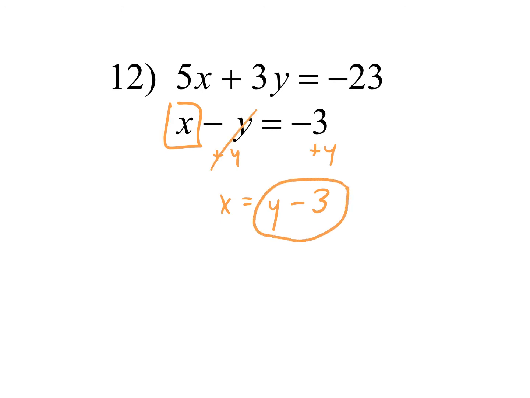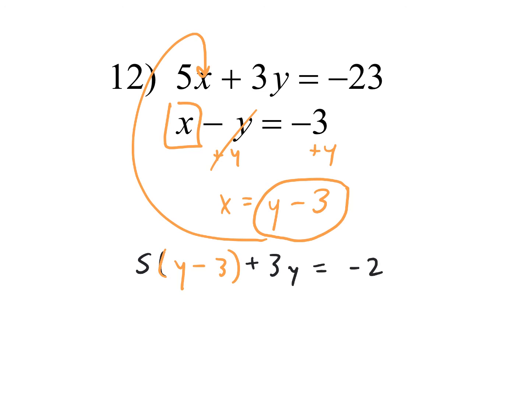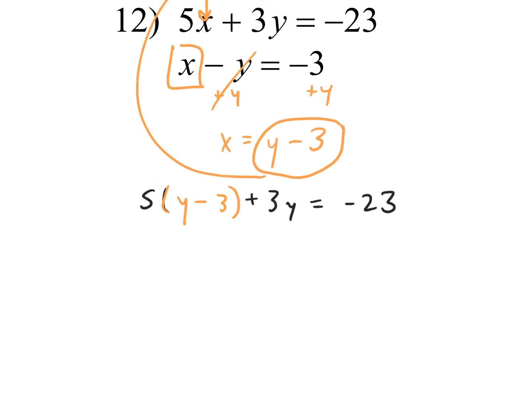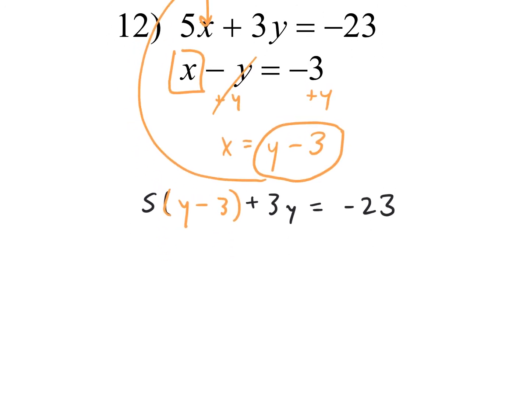What do I do with it? Plug it into x in the other equation. So here I have 5 times y minus 3 plus 3y is equal to negative 23. How can I solve for y?